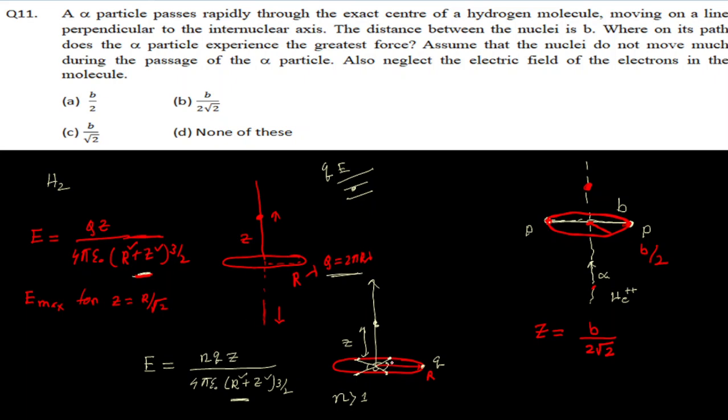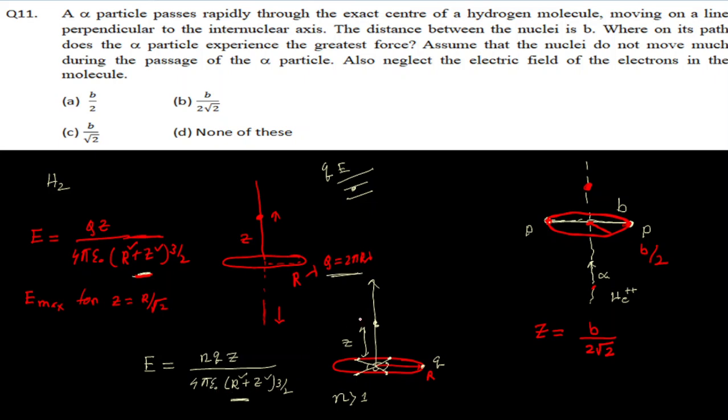So if we have n charges where n is greater than 1 and all charges are identical, and we place them symmetrically on the circular loop, then the electric field on the axis can also be written in this pattern, nqz divided by 4 pi epsilon, r square plus z square to the power 3 by 2.